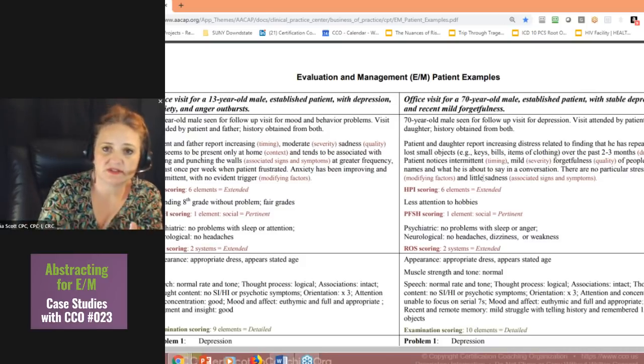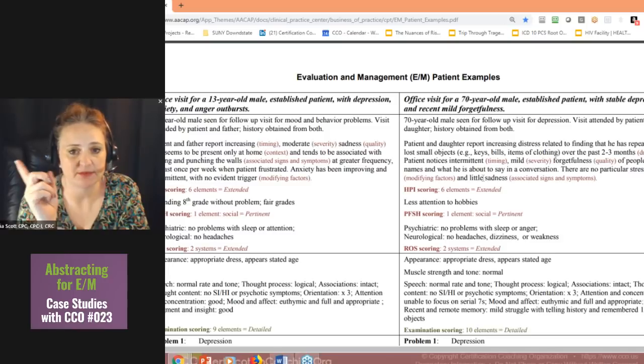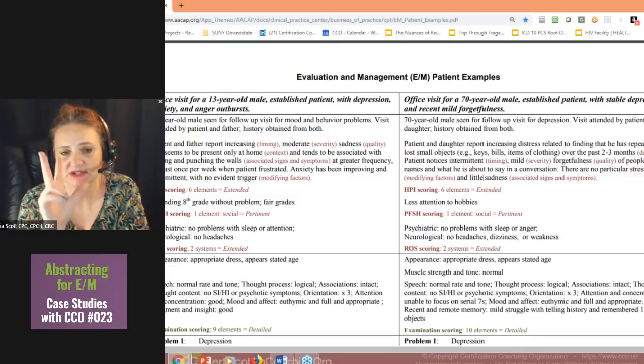So let's look at the left side for the first patient first. We have a 13-year-old male established patient. These are all established, I think, with depression, anxiety, and anger outbursts. All right, so we got 3 things happening with this patient. And the chief complaint just more or less establishes what we already know. But let's look at the HPI. We end up with 6 elements that we abstract.